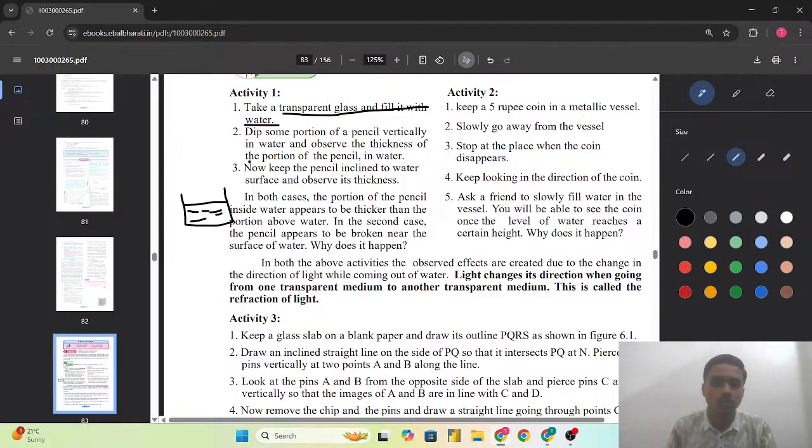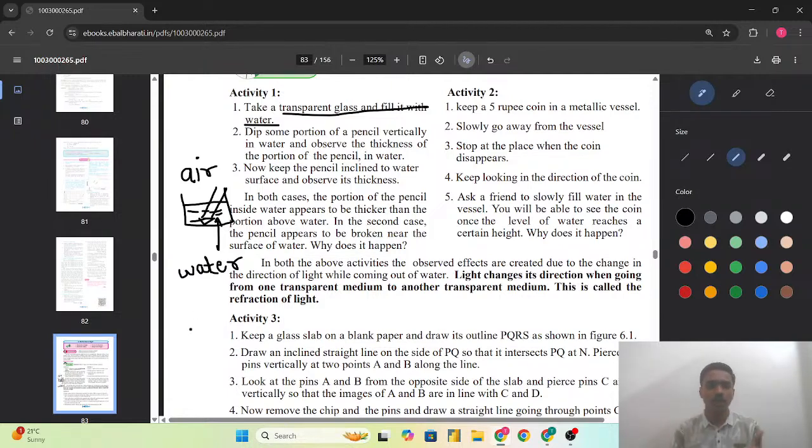So जो पेंसिल थी वो हमने यहाँ पर डिप करके रख दी थी। Suppose this is the pencil which is inserted, और हमें यहाँ पर पेंसिल ब्रोकन दिखाई दे रही थी, लेकिन actually the pencil was not broken, but it appears to be broken. So this was happening because यहाँ पर हम देख सकते हैं एक ट्रांसपेरेंट मीडियम यहाँ पर जो एक्ट कर रहा था, that is the air, and another transparent medium, that is the transparent glass which we have taken, and we have taken the water inside it. So this was the second transparent medium which was acting.